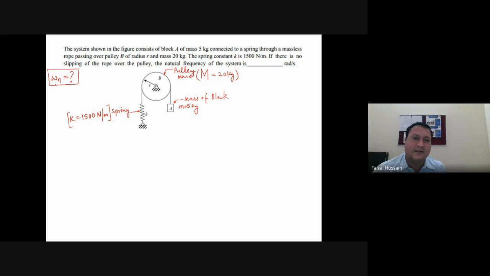Why am I using the energy method? Because see here there is a spring, and if there is a spring, potential energy will be developed. And as there is a block, if the block is moving in a linear direction, there will be kinetic energy, translatory motion, and if the pulley is rotating, there will be kinetic energy, rotational.